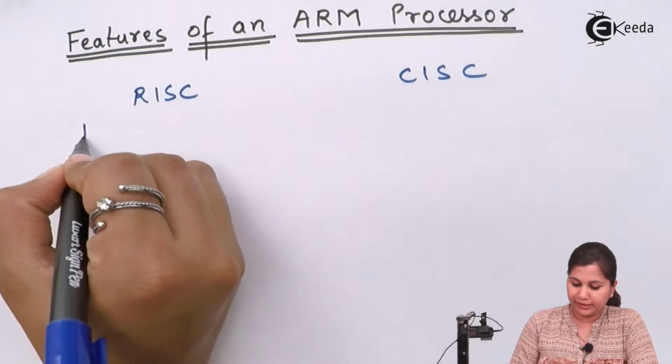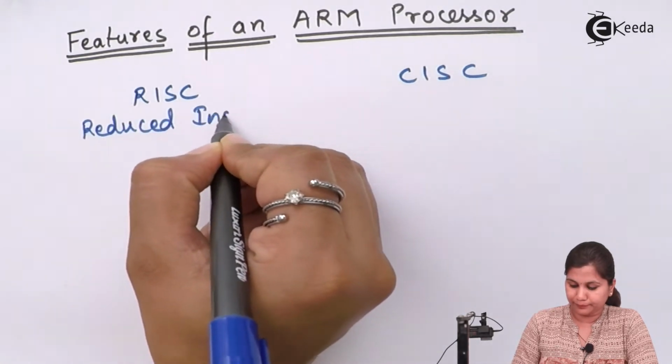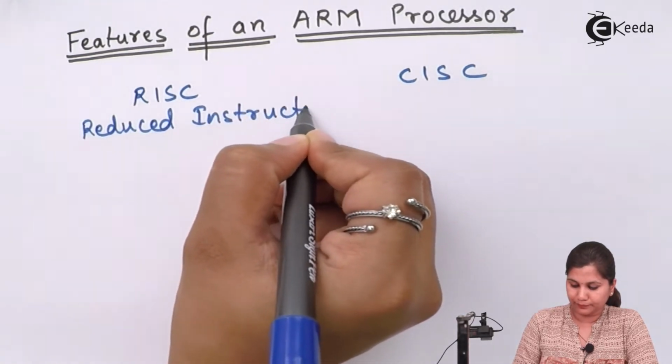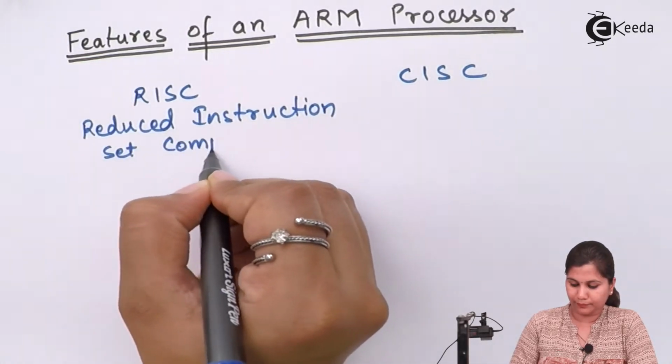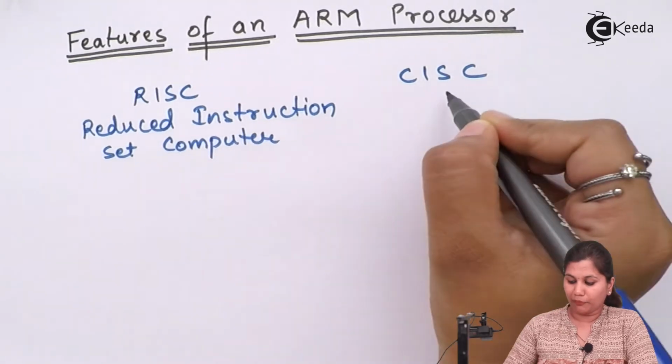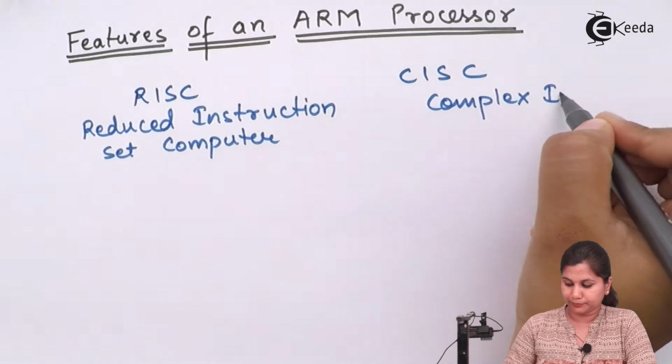The full form of RISC is Reduced Instruction Set Computer, and the full form of CISC is Complex Instruction Set Computer.